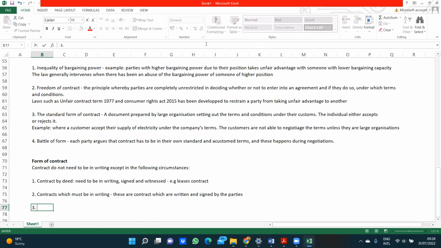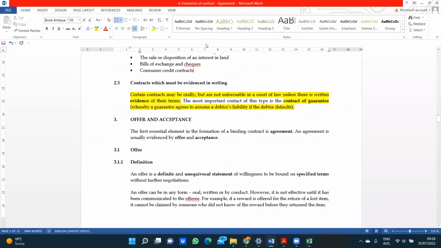And thirdly, contracts which must be evidenced in writing. Example, contract of warranty. Okay, these are the forms of contract.